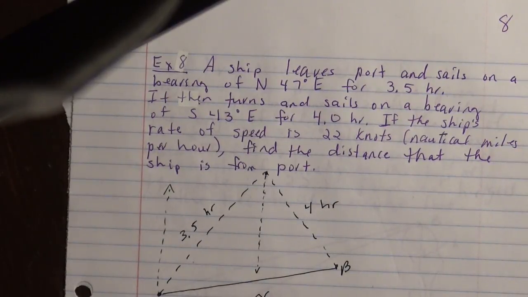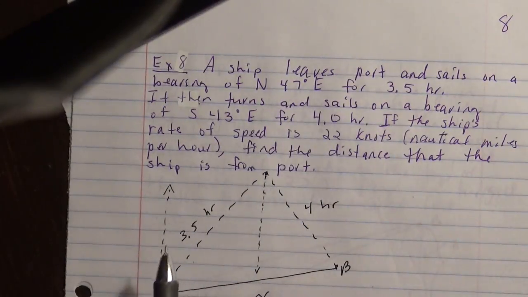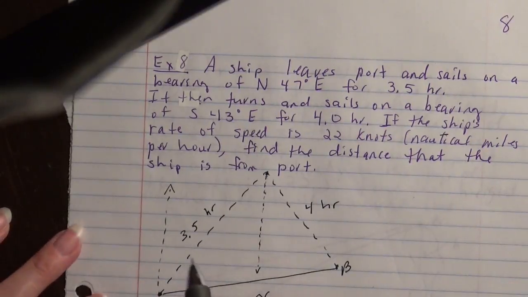Okay? Now that you've got the picture drawn, the problem is not difficult to solve. Basically, you see we've got this triangle going on here. We're going to put in our angle measures that we were given and see where that takes us. So we know that the north 47 degrees east, that was this angle, that was 47 degrees.